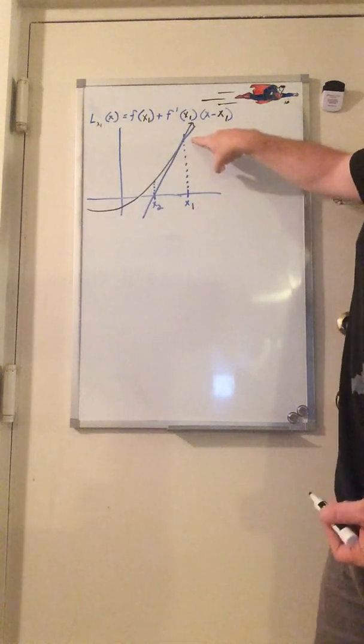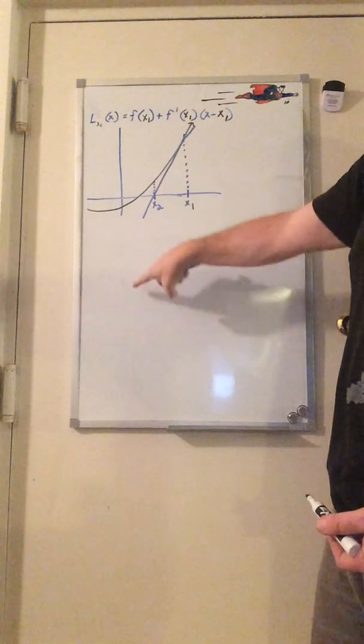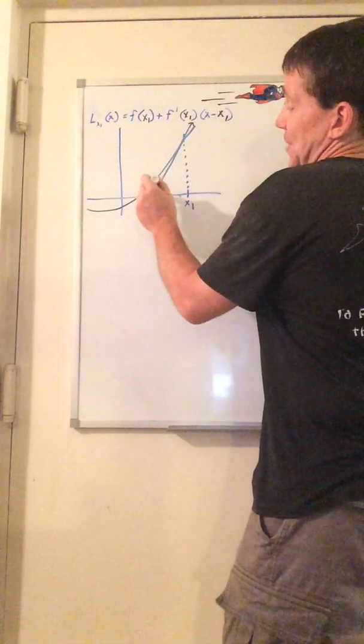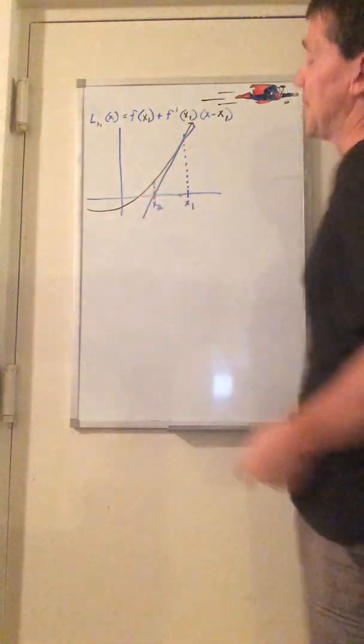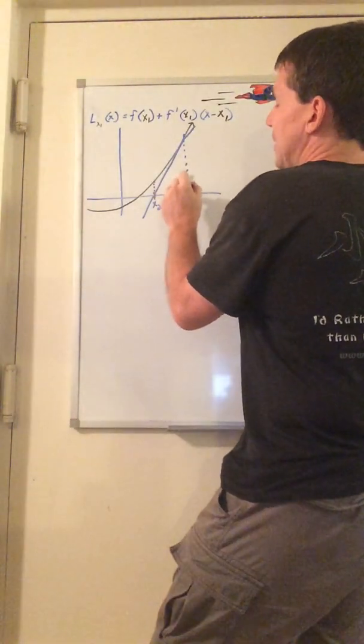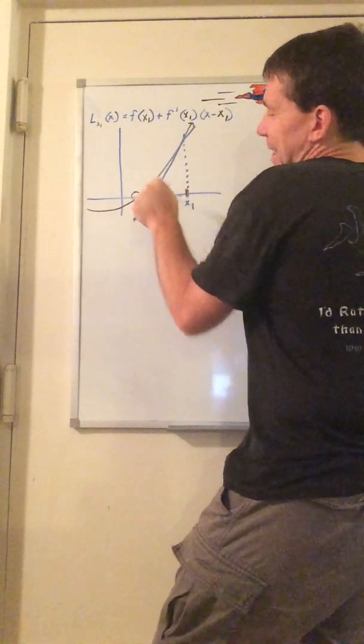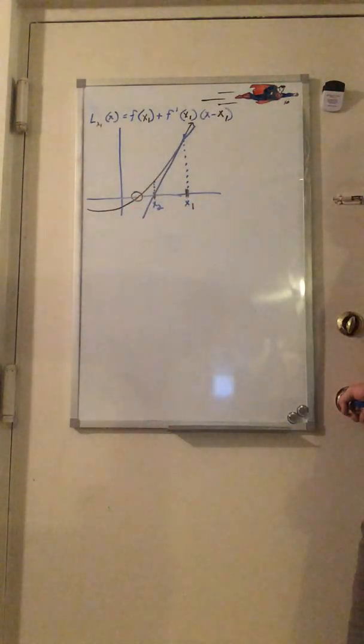That is not a zero. But this line right here is the equation of the tangent line. And that tangent line certainly does have a zero right here. And clearly, if this is my first approximation for the zero of this function, it's okay. That approximation is better.